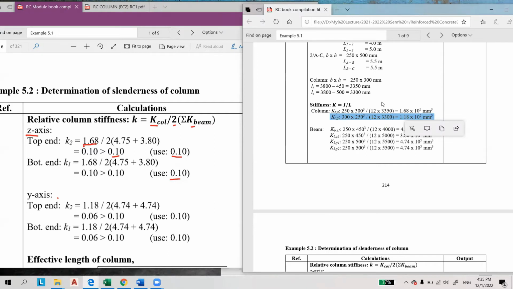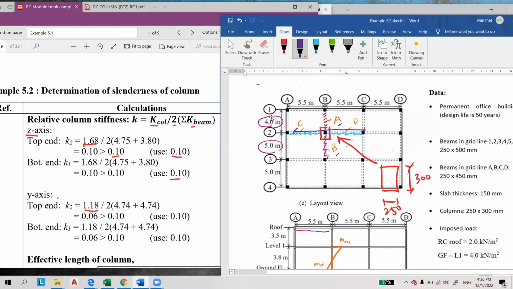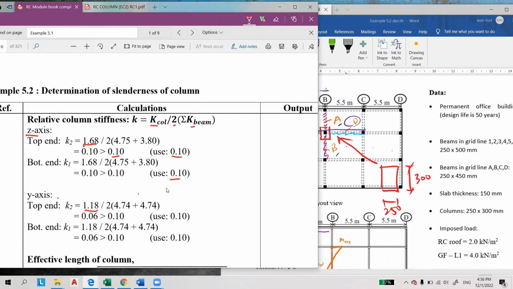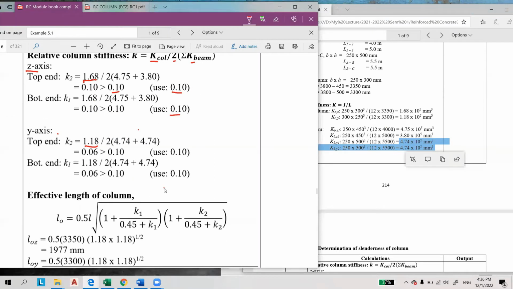So you put it in this calculation here, and for the y value, you use this direction, so use beam C and beam D. The value is 4.74 here, 4.74 times 10 to the power of 5. Similar value for both. So you check if this one is greater or lower than 0.06.